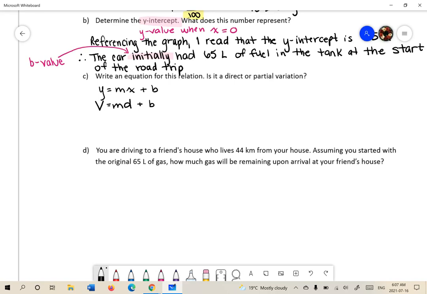We found our slope, which is negative 13 over 100, and we found that our b value was 65. I'm going to leave V and d, my dependent and independent variables, as variables, and we've just created an equation. Now, since our b does not equal 0, I know that this is partial variation.